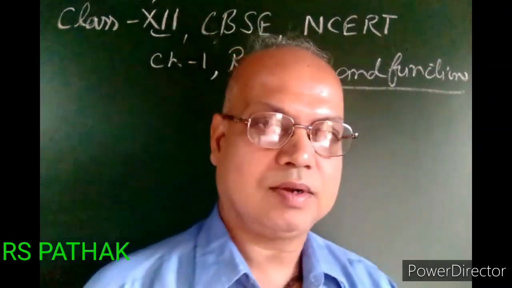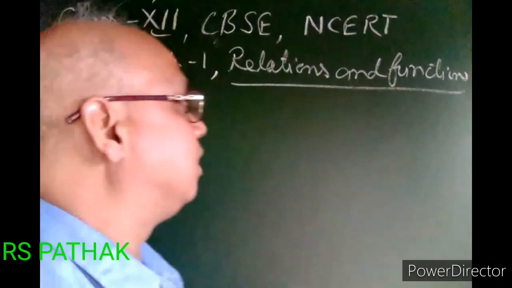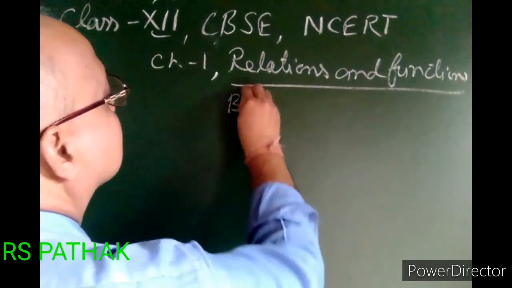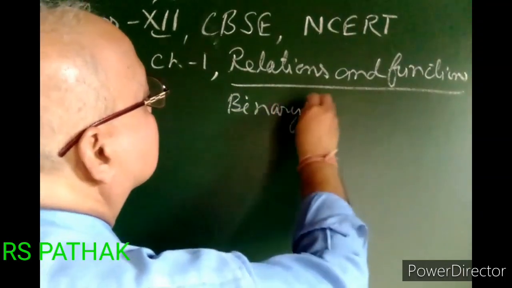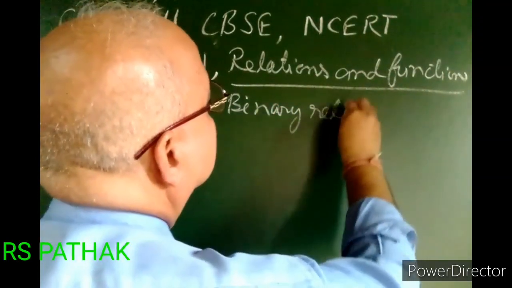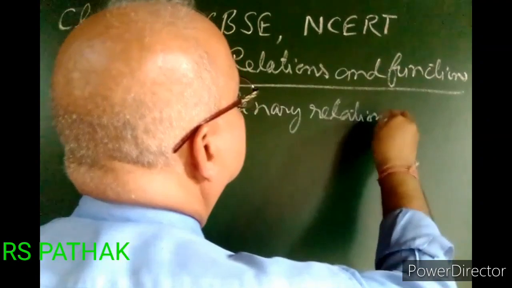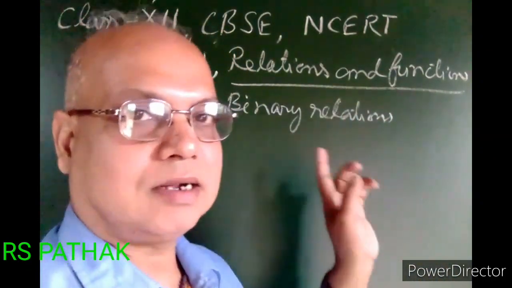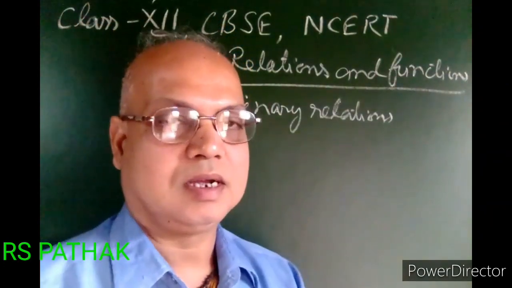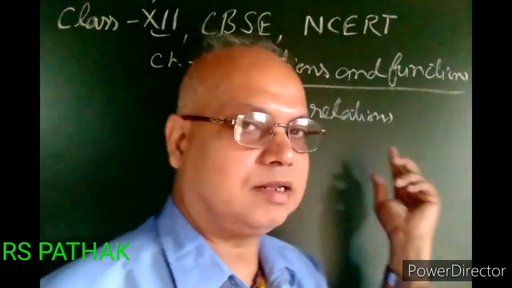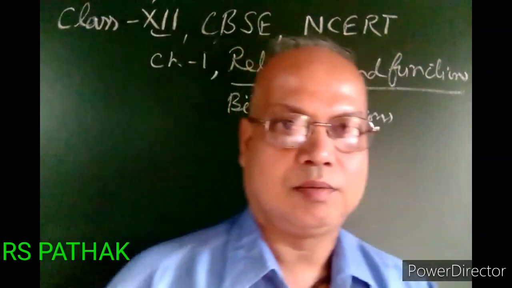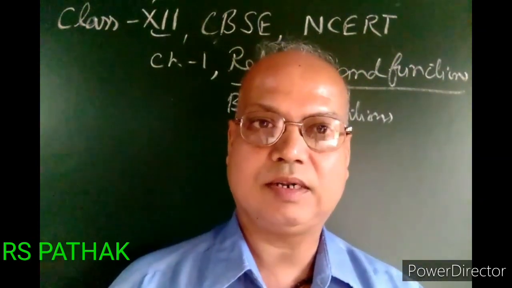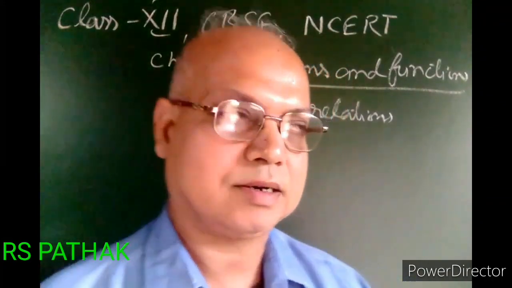In class 12, you will study about binary relations. Why is it called binary relations? Because it has two elements. This relation is bound between two sets A and B. Therefore, it is called binary relations.